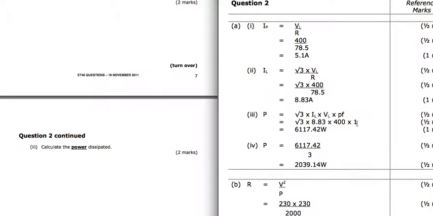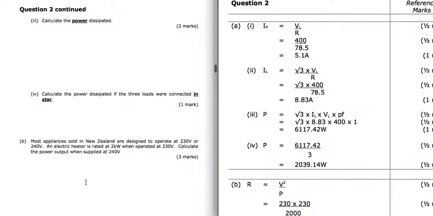There's no inductiveness, no capacitance, so a power factor of 1 gives us just over 6 kilowatts, and that's in a delta connection. If we connected them in star, we know that the star power is 3 times less than the delta power. So we divide by 3 to get just over 2 kilowatts.